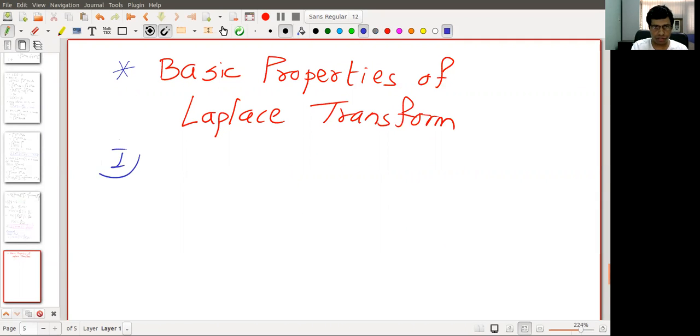First property is linearity. So Laplace transform is linear operator.